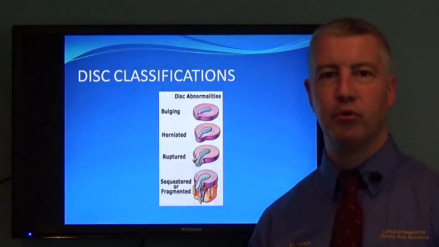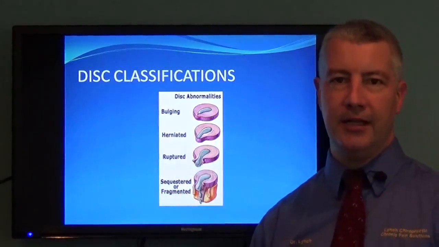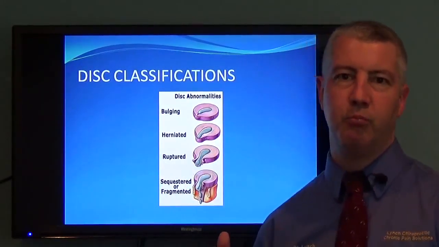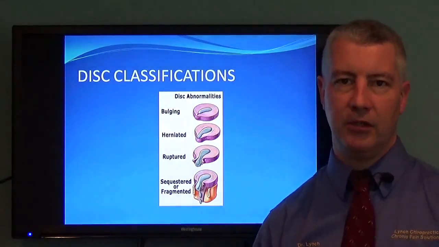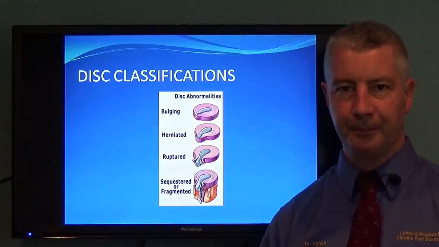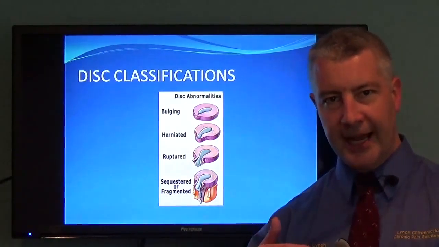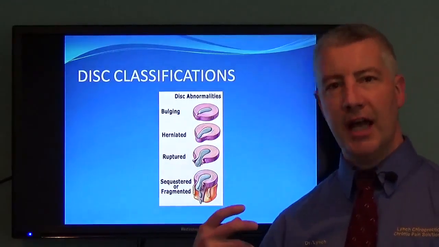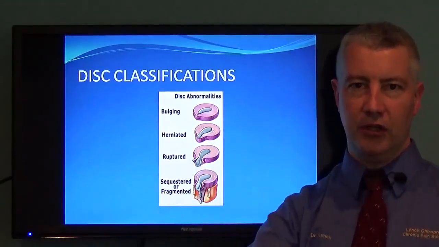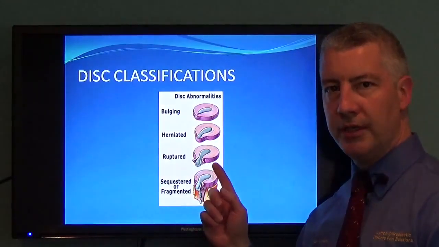As that condition progresses, it will become what's called a herniated disc, where now the nucleus is pushing out up against those annular fibers, the ring, into the nerve root. It can further get damaged to where those rings actually completely fail, and now the nucleus is coming through there in what they're showing in regards to a ruptured disc.